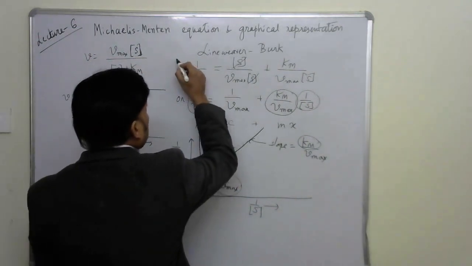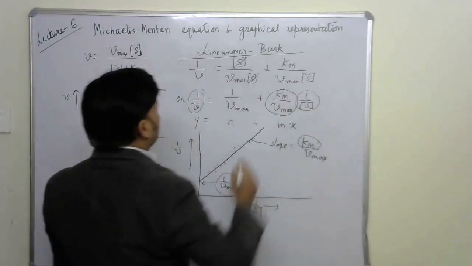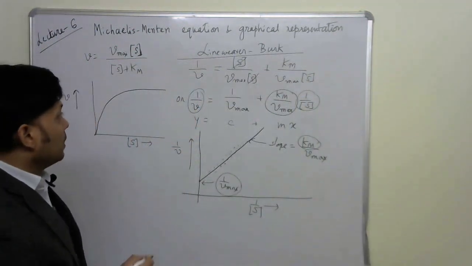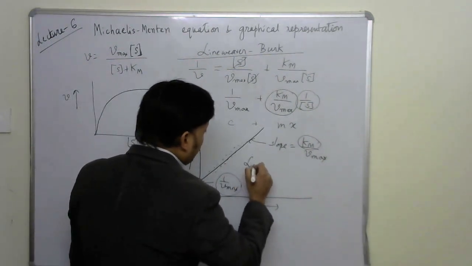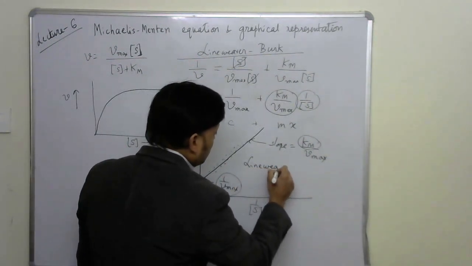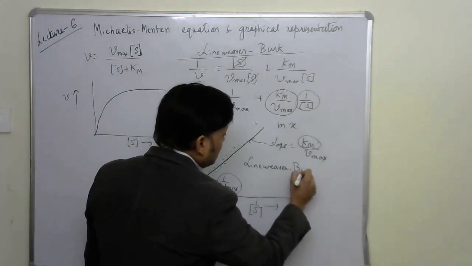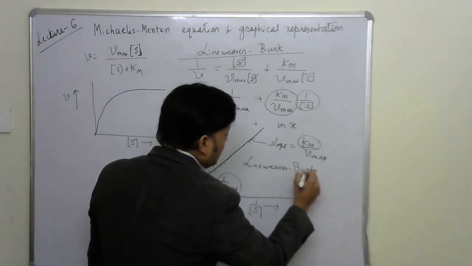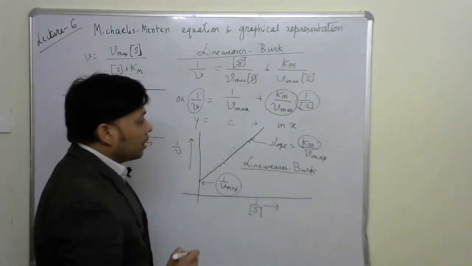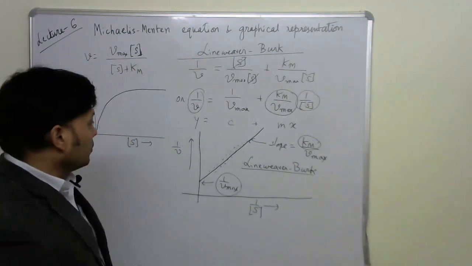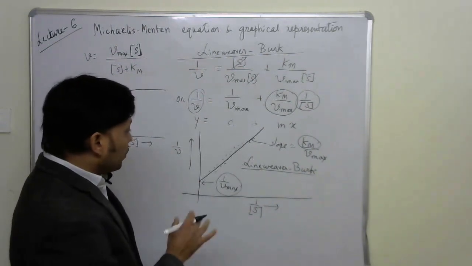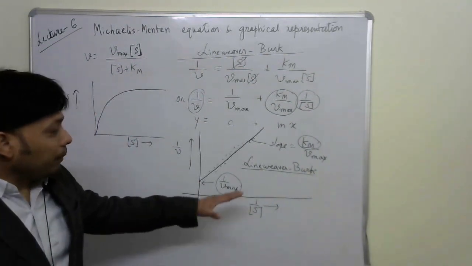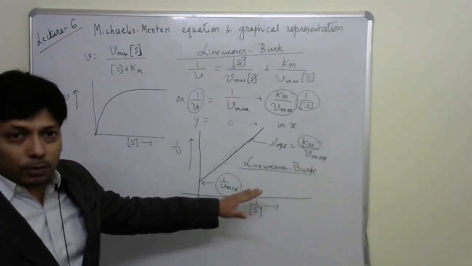Due to these two people, Lineweaver and Burk, this kind of graph plot is known as the Lineweaver-Burk plot. And in enzyme catalysis, you will see these Lineweaver-Burk plots frequently appearing. So from now onwards, we will make ourselves familiar with this kind of Lineweaver-Burk plot.